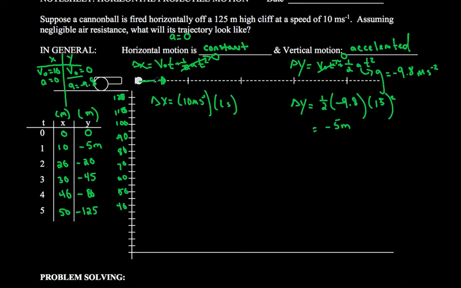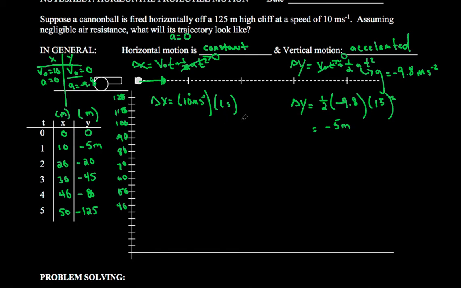After 1 second horizontally, and I'm going to make each dash here 10 meters, it goes 10 meters here and then falls down one dash, 5 meters. The next second, it travels another 10 meters, but in this case, it falls down a total distance of 20, so it would be somewhere at 100.